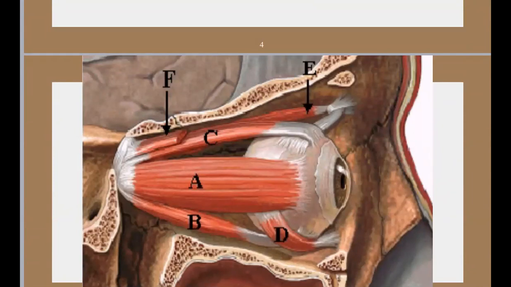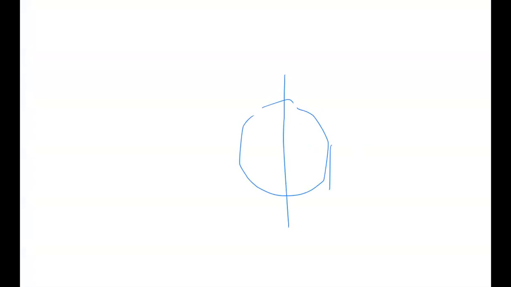For the horizontal muscles, I don't have any problem because I have only one action: the medial rectus muscle here is an adductor, and the lateral rectus is an abductor. So here I always have one action because they are always parallel to the optical axis. This is the optical axis, for example, and this muscle, for example, is lateral rectus, and this is medial rectus. So this is not problematic.